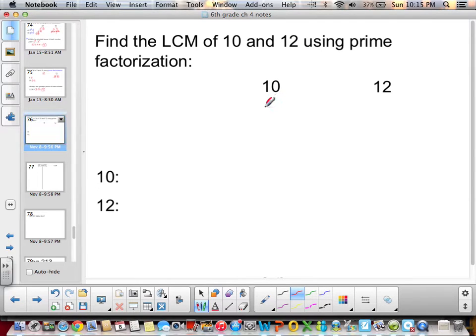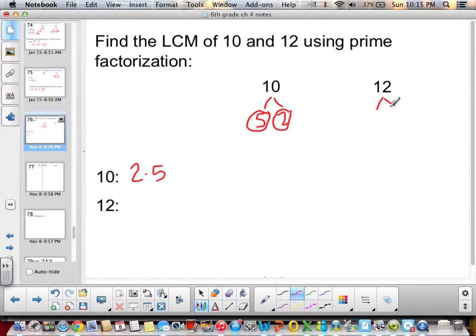So we are going to prime factorize 10, which is 5 and 2. And then we write it in order, so 2 times 5.